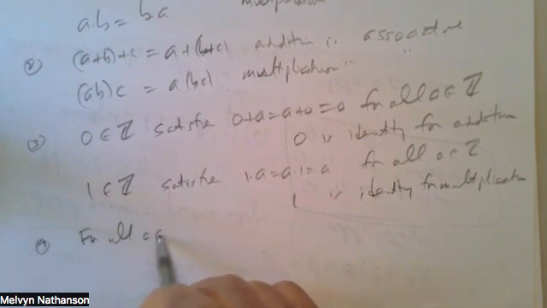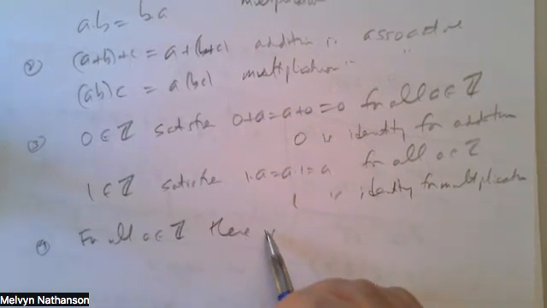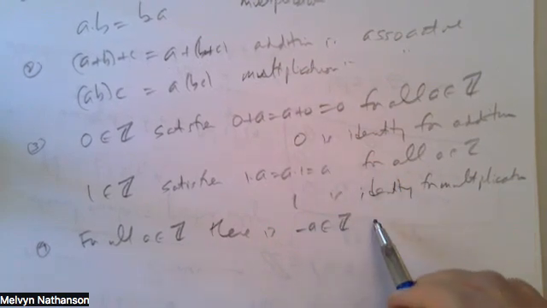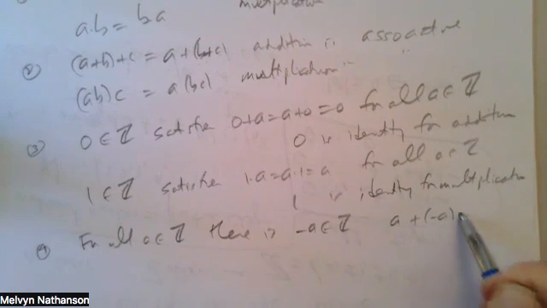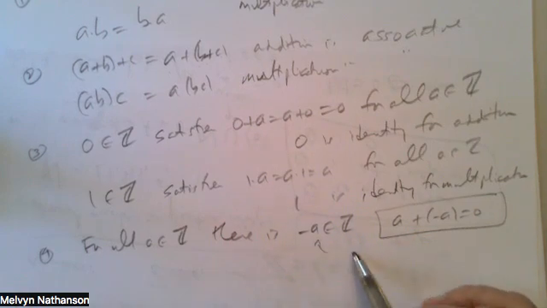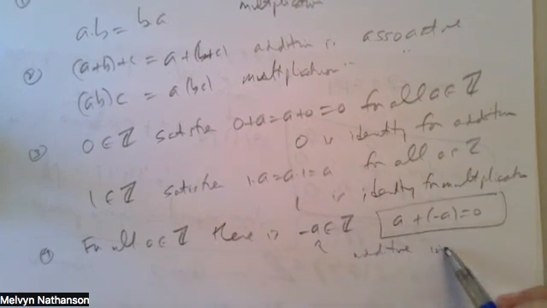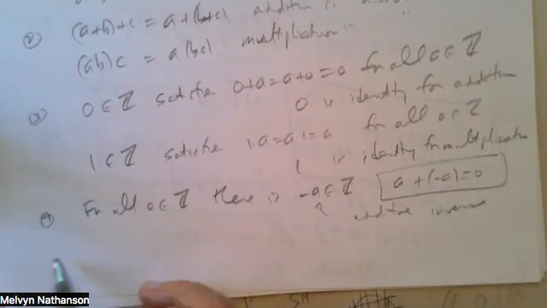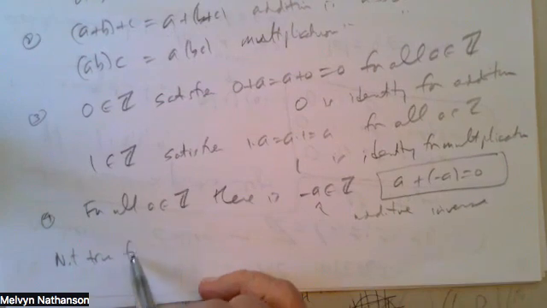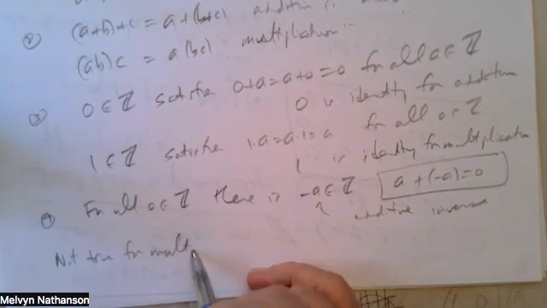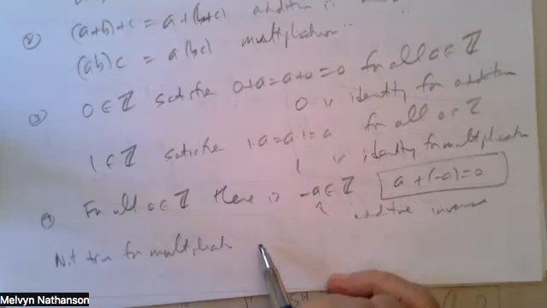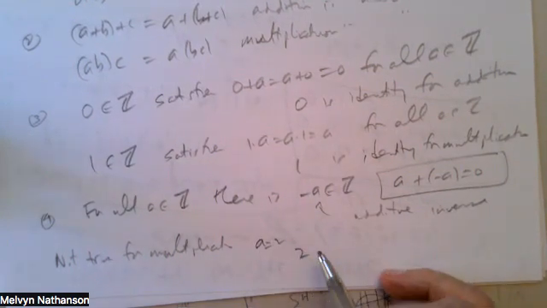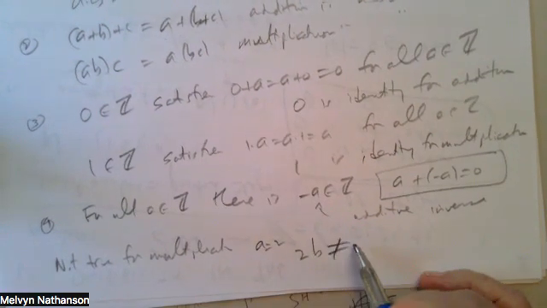For addition, but not for multiplication, there's an additive inverse. So for all a in Z, every integer a, there is a number minus a in Z, such that a plus minus a is 0. So this is called the additive inverse. Right? And note, this is not true for multiplication. If you take the number 2, for example, 2 times any integer b is never equal to 1.